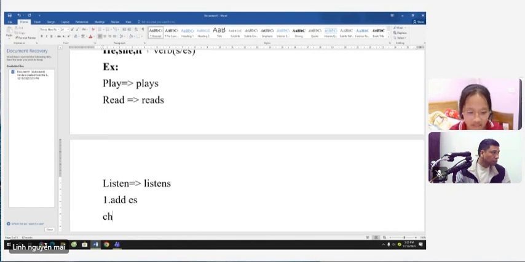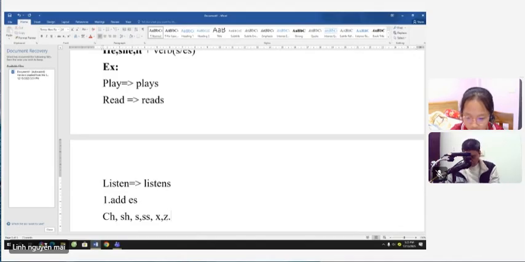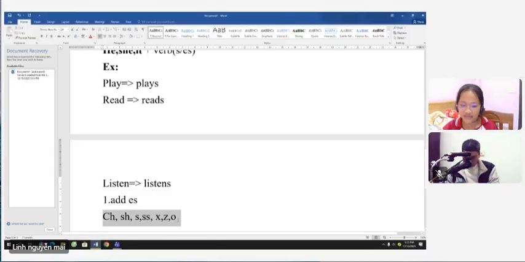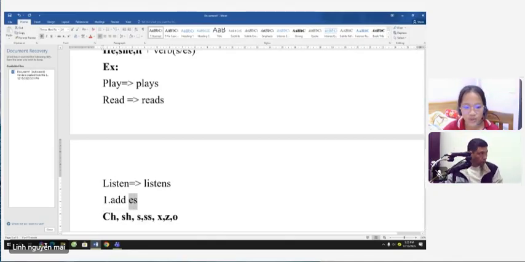That's ch, sh, double s, x, z, and o. So when the verb is ending by these letters, we must put the es, okay?